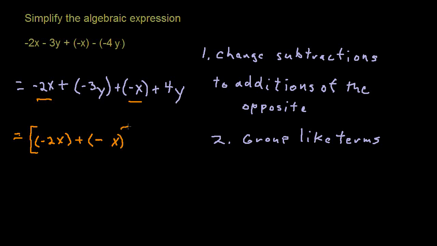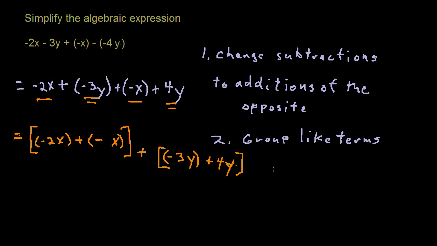Then we would like to group the terms that have y as the variable. There's a -3y and a positive 4y. So we group those two terms together: -3y plus 4y.